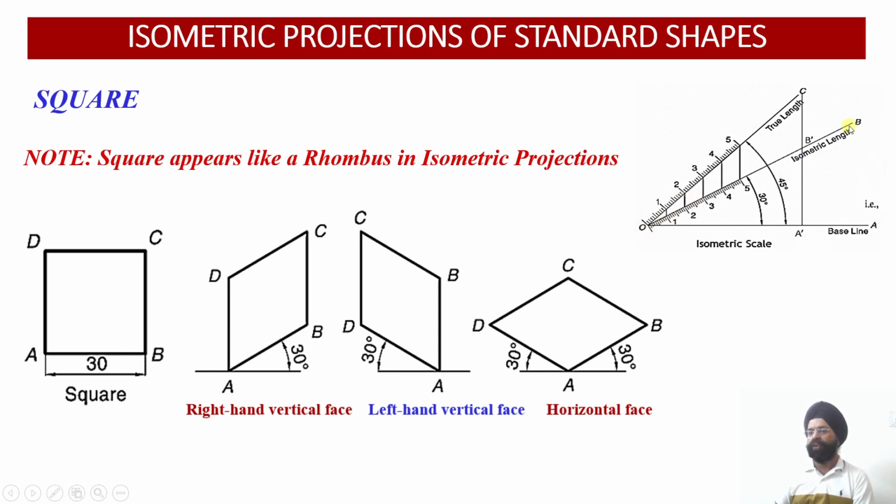Once I draw the isometric scale, only thereafter whatever original true lengths are given, the corresponding isometric lengths will be evaluated, and all those isometric lengths will be further transferred onto the isometric projections.